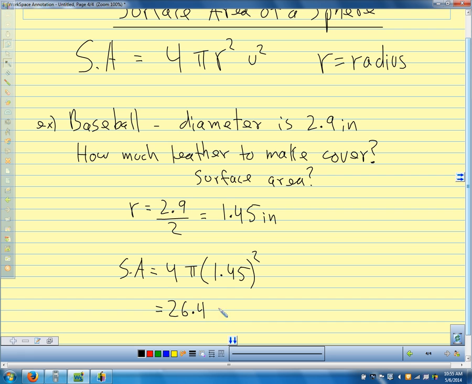And I'm going to say 0.4, round to the 10th. So I need about 26.4 square inches of leather to cover that baseball. All right, questions there?